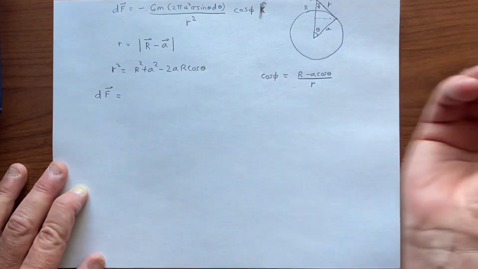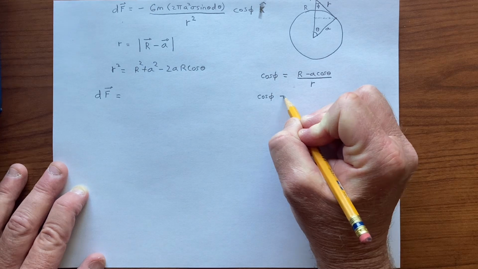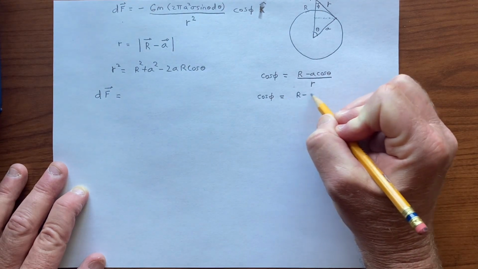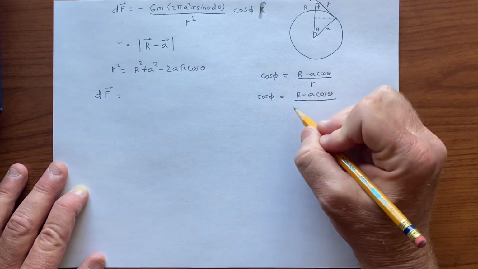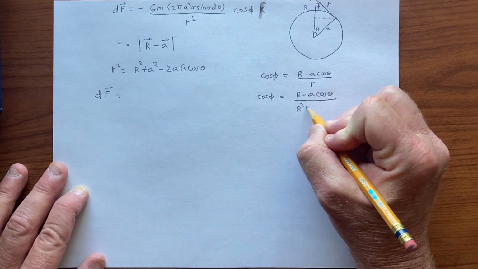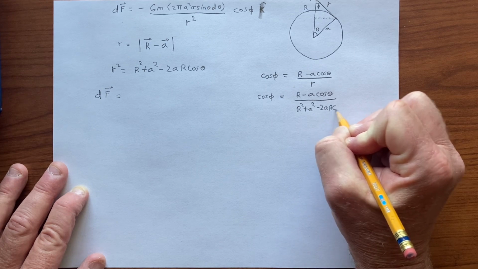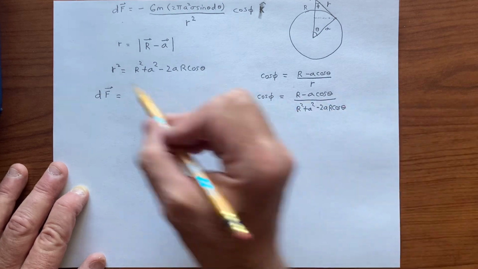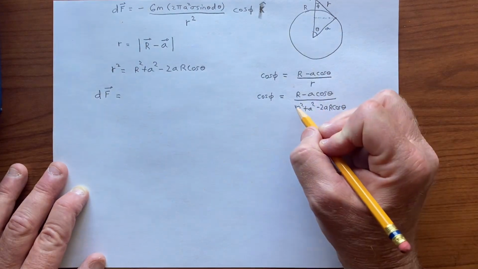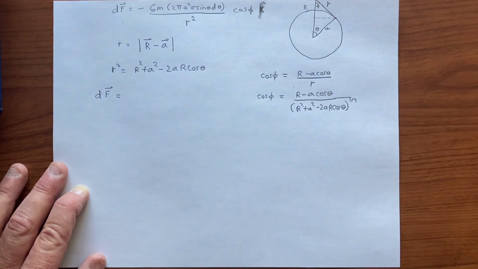And r is given over here, so we end up with cosine of phi being R minus a cosine theta over R squared plus a squared minus 2aR cosine theta, to the 1/2, right? Because we want to divide by r, not by r squared.